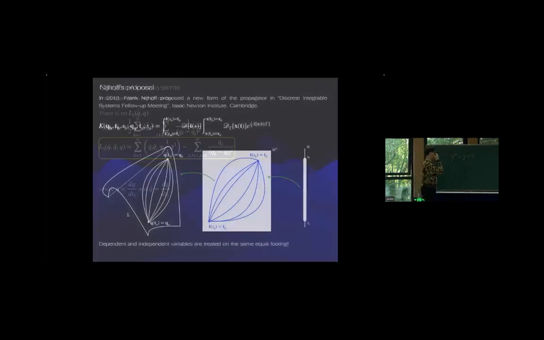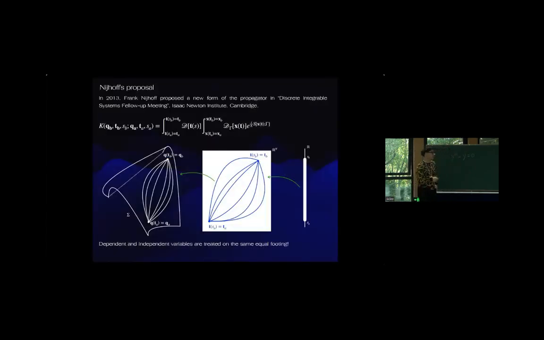As you probably saw in the morning, Frank mentioned that he proposed this kind of new object with the propagator here 10 years ago, I believe, at the Newton Institute. With this new structure of the Lagrangian one-form, the propagator that we should have should take into account not only the spatial part, but also the temporal part as well.